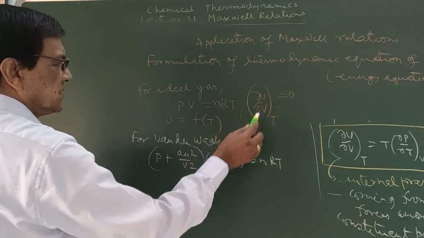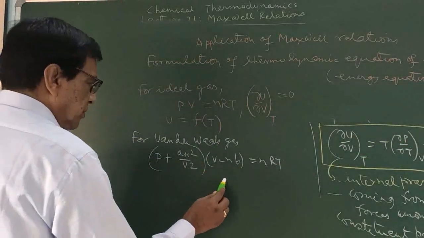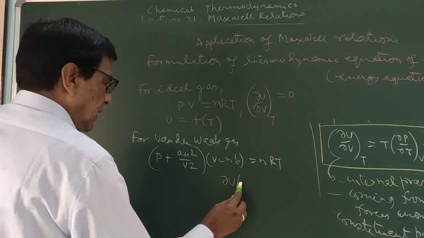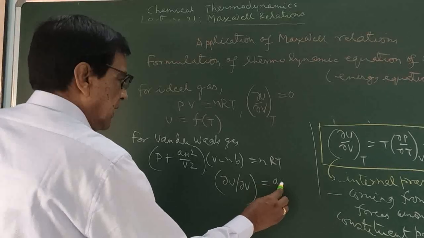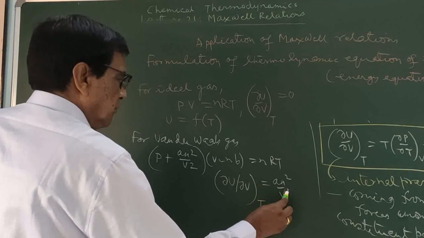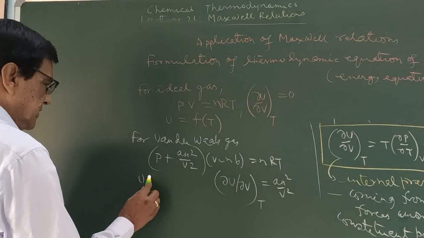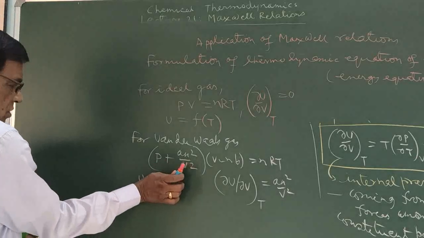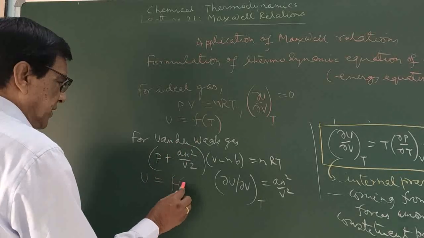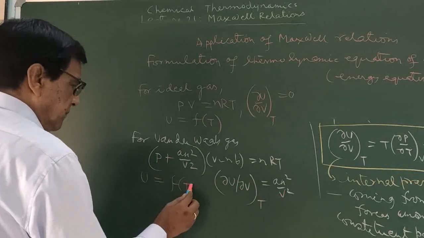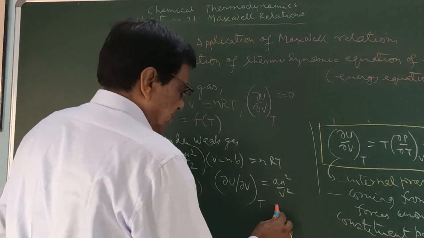If we do the calculations, this one multiplied by T minus P, then ∂U/∂V at constant temperature equals an²/V². So the internal energy is a function of, for van der Waals gas, T and also V. And that means this one is positive.